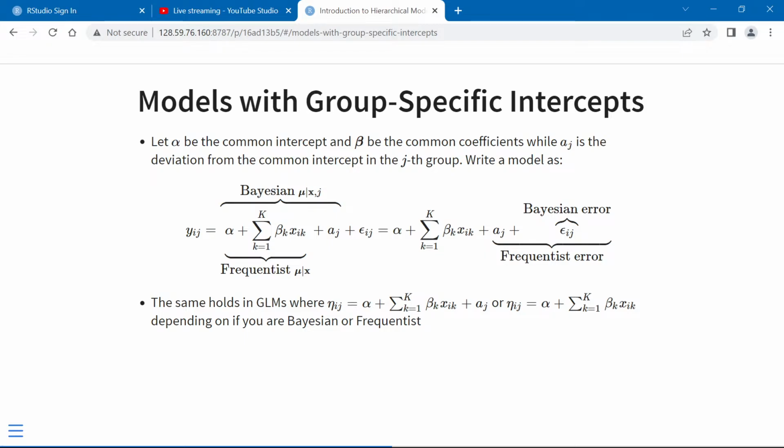So the conditional expectation of mu given x, but not j. And then consequently, the Bayesian error is everything that's not part of its expectation, and the frequentist error is the epsilon plus a sub j, the deviation in the intercept for all small units within the j'th big unit.